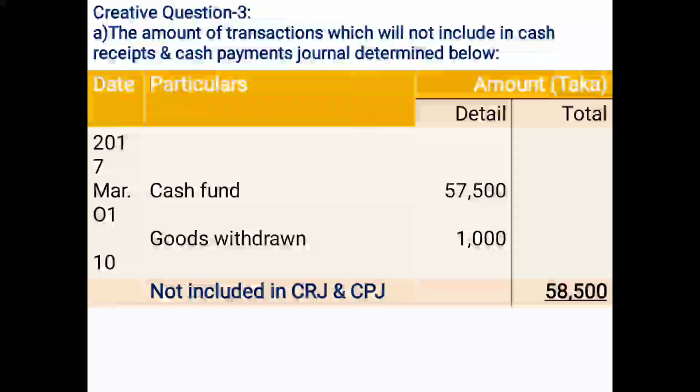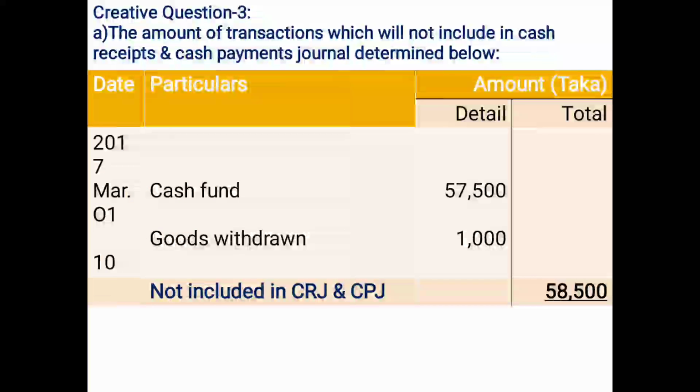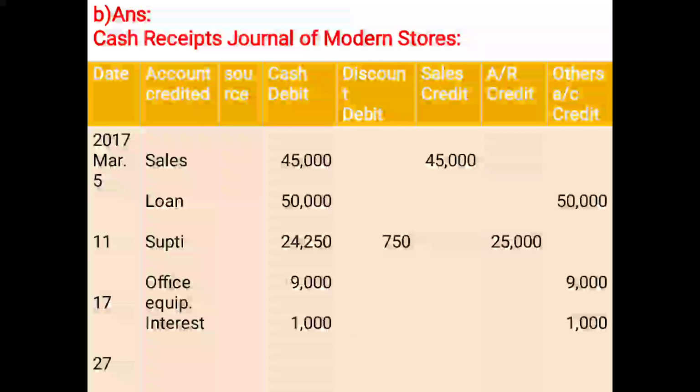Dear learners, I think you have written this in your accounting practice copy for your future betterment and for more practice at home. Now we can go to the solution of requirement B, that is the cash receipt journal. You can see in my content the cash receipt journal of Modern Stores.